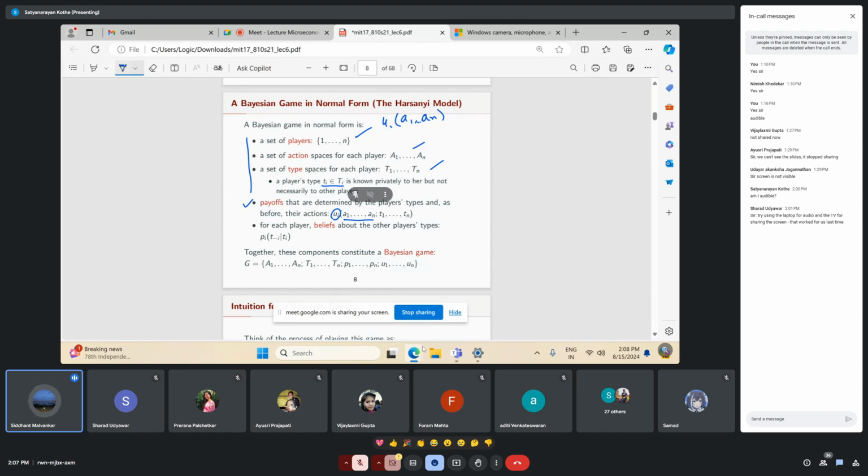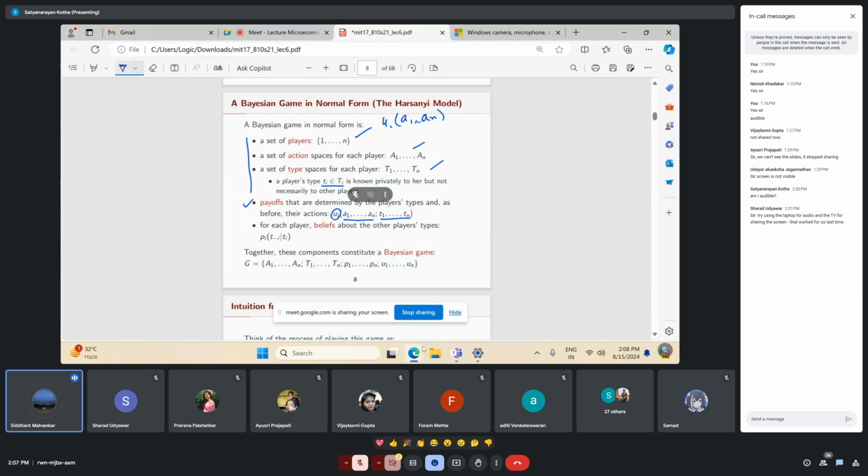Now the type of player also enables us to understand what may be the possible action. Actions are there, a set of actions is there. But knowing what type the player is, we may narrow down or filter out the actions or the strategies which the player of a particular type may play.